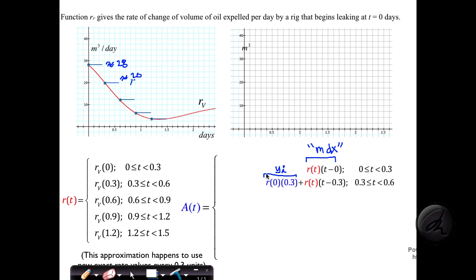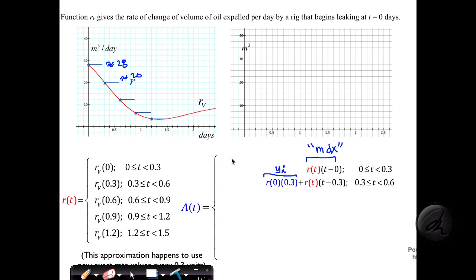We started from having used that rate at 0, either r of 0 or r sub v of 0, they're the same thing. R of 0 just means t is 0, I'm using r sub v of 0, which is still 28. But this is that, use the rate of 28 for the whole 0.3 days, so that's that 8.4 number that we had before. So this is our 8.4. The first one, we don't have that y initial because we were starting at 0.